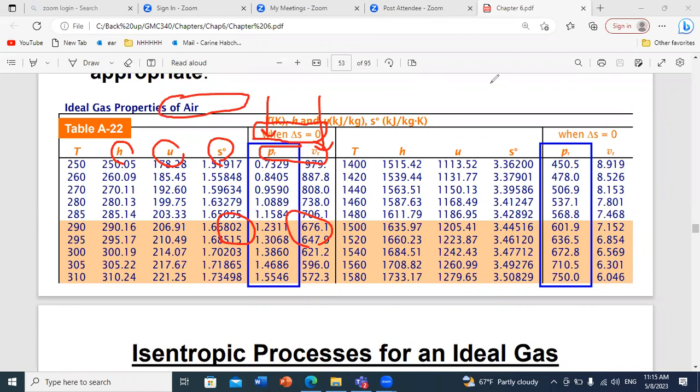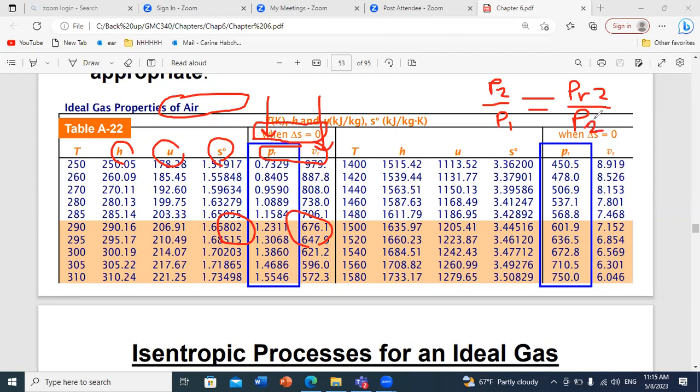Whenever you have air and you have ideal gas properties, you can write directly P2 over P1 equals P reference 2 over P reference 1. How can we benefit from this? For example, if you have a problem and you know that the process is isentropic, this means that delta S is 0.